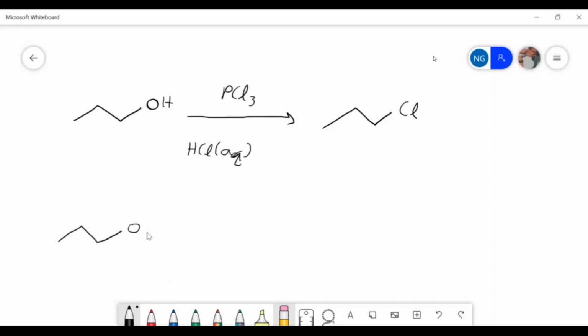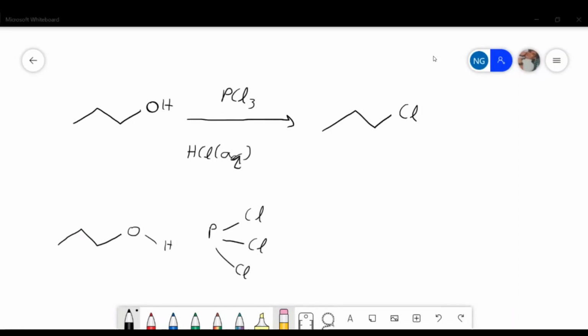Now something very important that you need to know to be able to draw this mechanism is that phosphorus and oxygen form really good bonds. Phosphorus loves bonding with oxygen, right? So that's a hint. Does anyone want to guess what the first step is? If I tell you that phosphorus and oxygen love to bond with each other, what do you think happens in the first step?